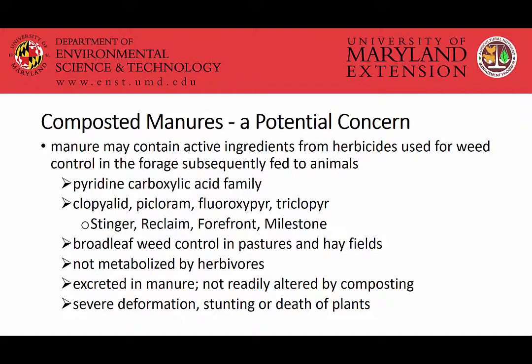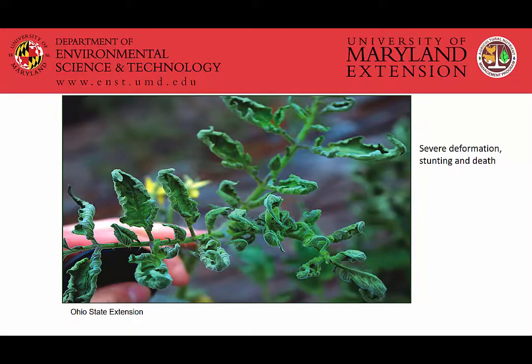They were for broadleaf weed control, particularly for very problematic broadleaf weeds like thistle, okay? They are not metabolized by the animal that consumes it, all right? They go right through, all right? They are also, we have data now to show, not altered by the composting, all right? They cause severe deformation, stunting, and for all practical purposes, the death of the plants, okay?